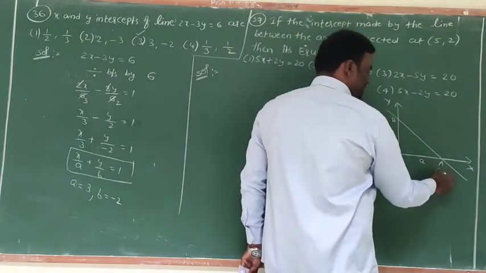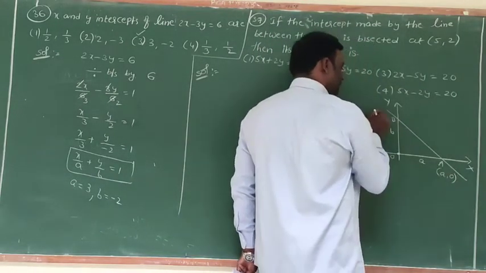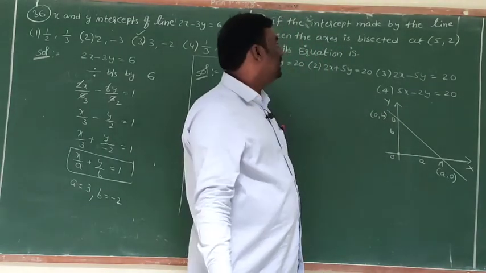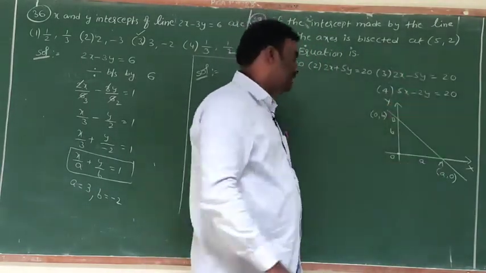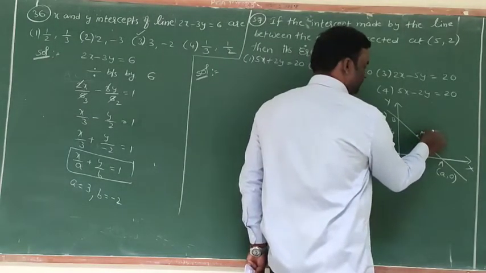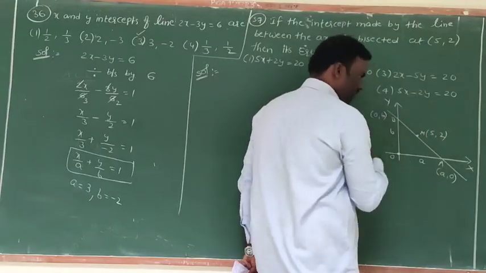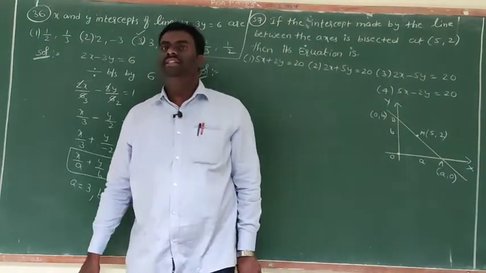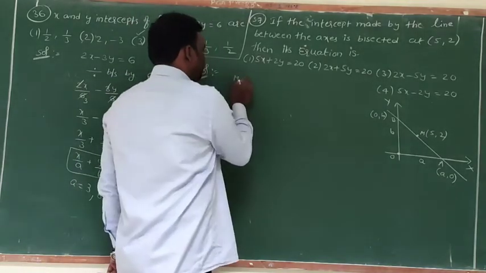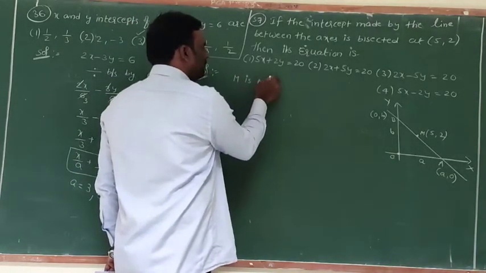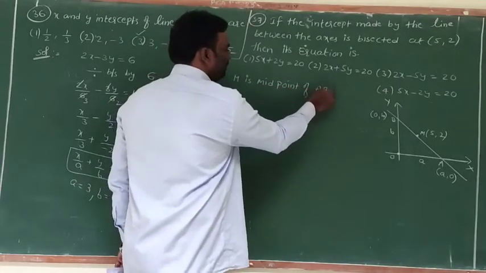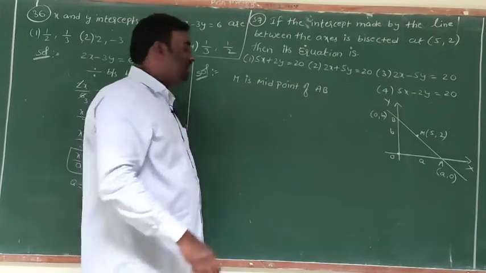Now this point is A comma 0, this point is 0 comma B. It is bisected at the point 5 comma 2. Bisected means this is the midpoint. Now here M is the midpoint of AB.